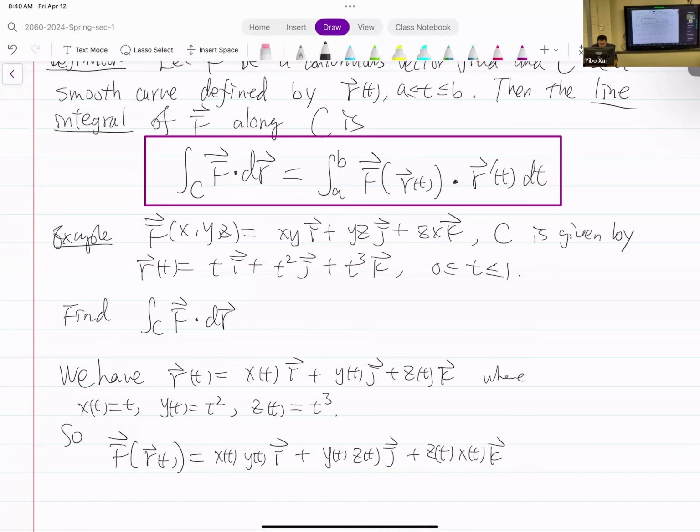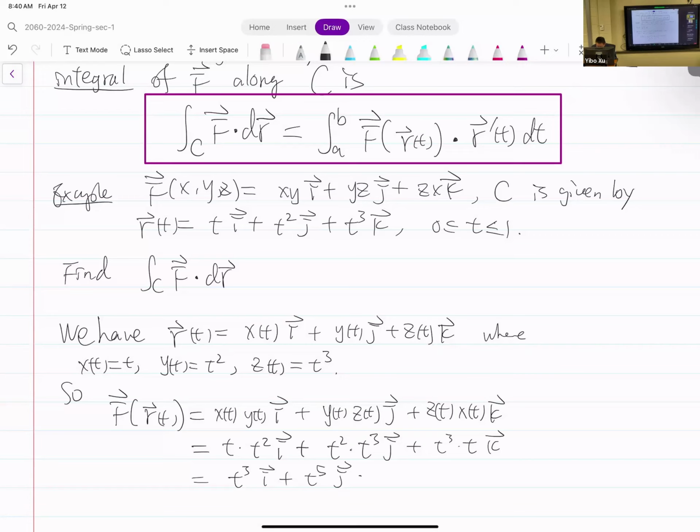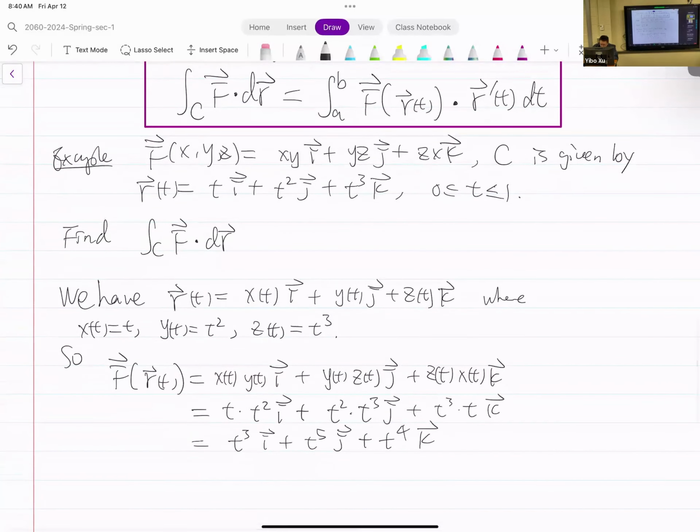And then we just do the substitution. x is t, y is t squared, so t times t squared i plus t squared times t cubed j plus t cubed times t k. So this becomes t to the 3 i plus t to the 5 j plus t to the 4 k. This is the component-wise substitution. That's the first part of the right-hand side of that equation at the top.